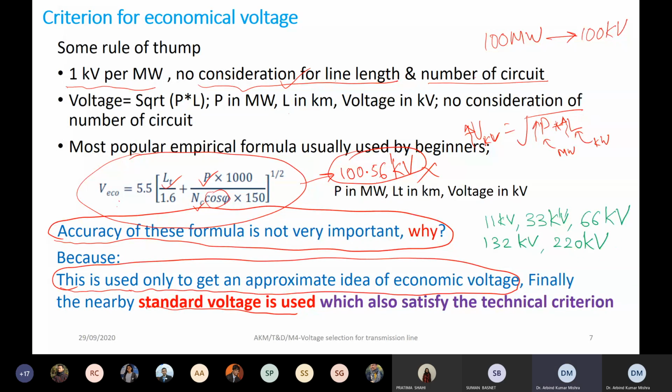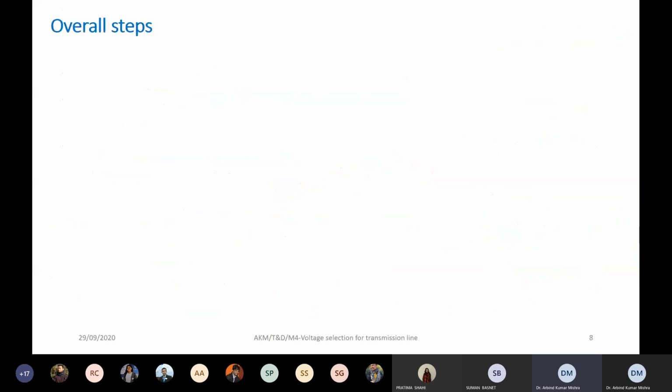If you go on looking at all these, I see one peculiarity. I'm not sure whether you observe it or not, but I can see one peculiarity in all these voltages: all these voltages are multiples of 1.1.